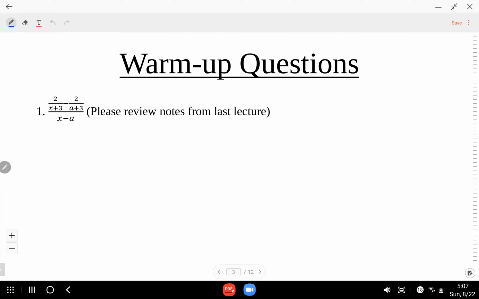Everybody else, review your notes from last lecture and do this. Here's a hint, you have to combine the fractions. And as always, a fraction over a fraction is not simplified. So please simplify.